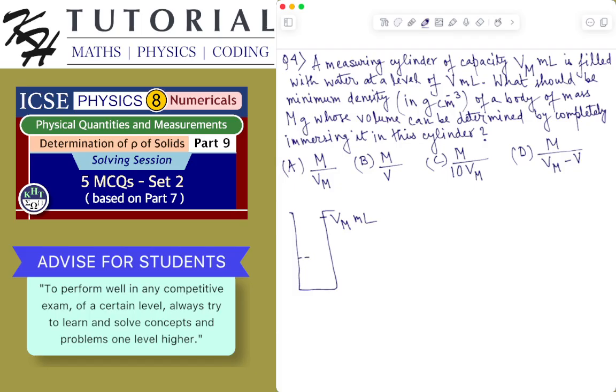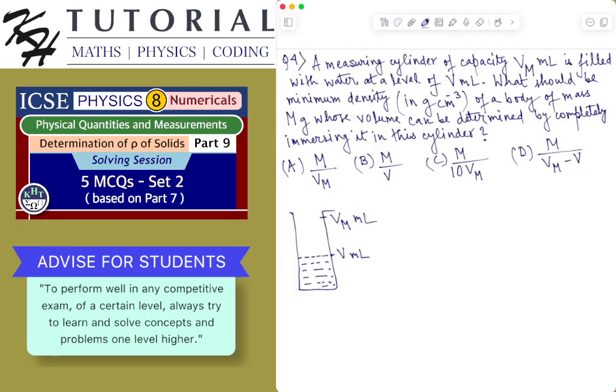So we have water. Let's say this is the water initially. This reading is v mL. mL means milliliter, which is 1 mL means 1 centimeter cube. What should be the minimum density in gram per centimeter cube of a body of mass capital M gram, whose volume can be determined by completely immersing it in this cylinder?